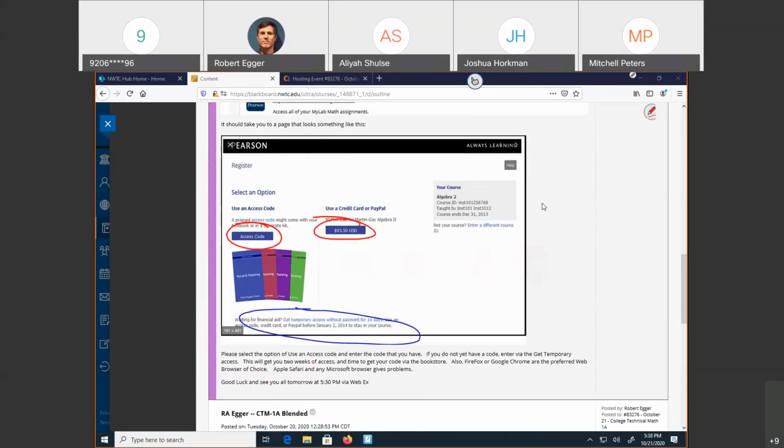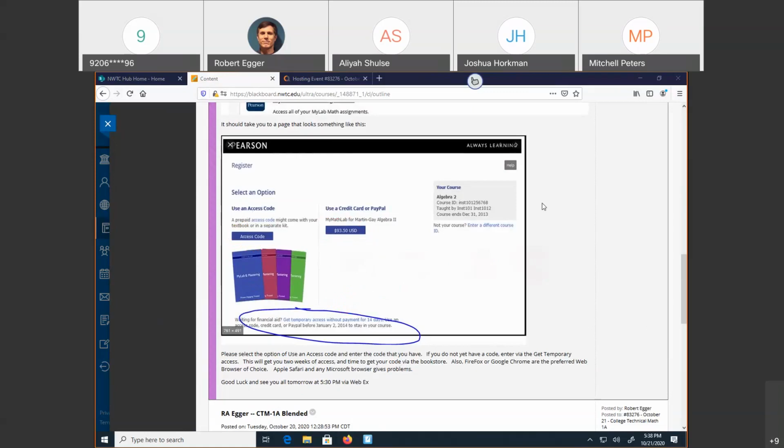You can purchase one through a credit card or PayPal, or if you're waiting for financial aid to come through or for the bookstore to get you your access code, you can click here, temporary access, and you get 14 days. It won't get you through the 8 weeks, but it gets you through 2 of them so you don't fall behind. So it's very important that you get access into my math lab.